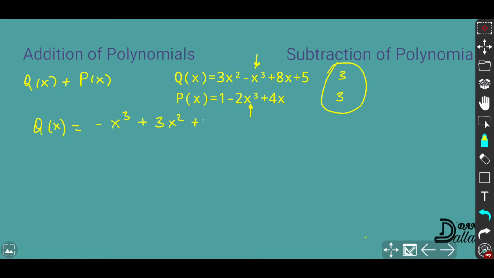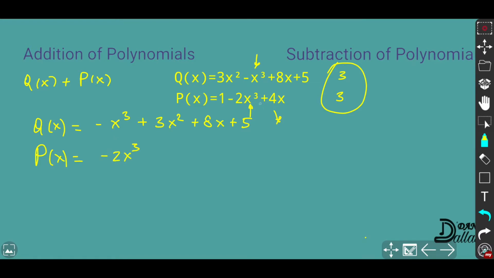Next goes 8x and plus 5. What I did, I just arranged in decreasing order, so all the following terms will have the power less than the previous term by 1. P(x), I'll do the same.